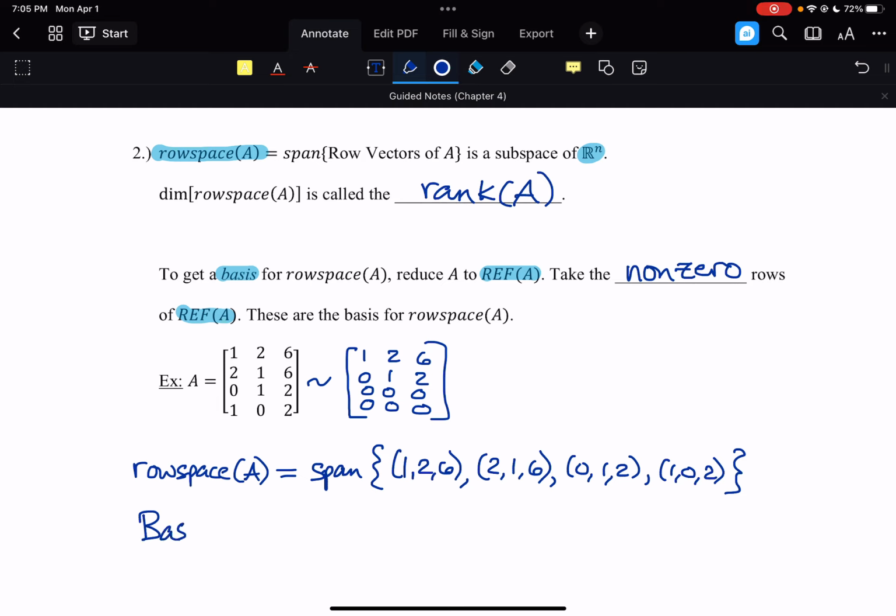But the basis consists of only the non-zero rows in row echelon form. So for the basis, we look at row echelon form. We get rid of the all-zero rows and we only take the non-zeros. So this is going to be 1, 2, 6 and 0, 1, 2.